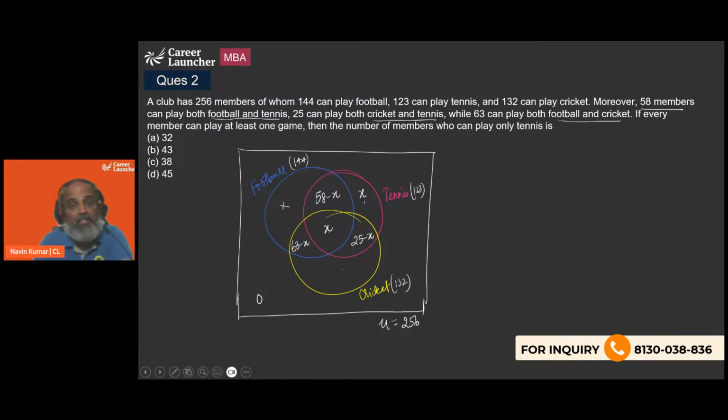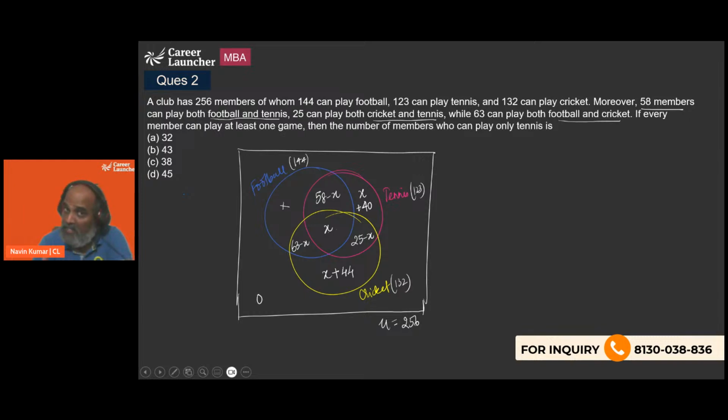We need 123 there, so this should be x plus 40. Now let's look at the yellow circle, cricket. Here the variables are minus x plus x, which cancel each other out. Minus x, so we need a plus x. Now the numerals: 63 plus 25 is 88, and we need 132, so another 12 plus 32, which is 44.